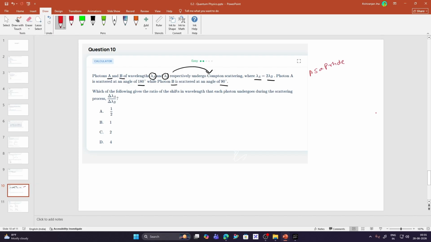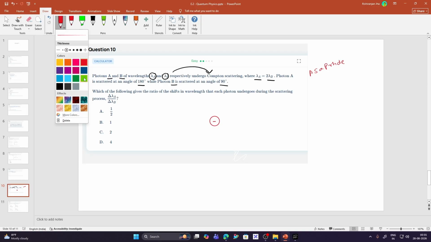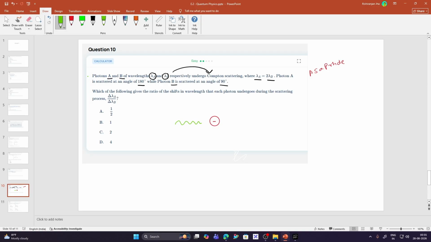So let's draw a small diagram so that it will help you understand this numerical clearly. We have this electron here, and suppose a light of wavelength, or a photon, represented by lambda I, is incident on this electron.